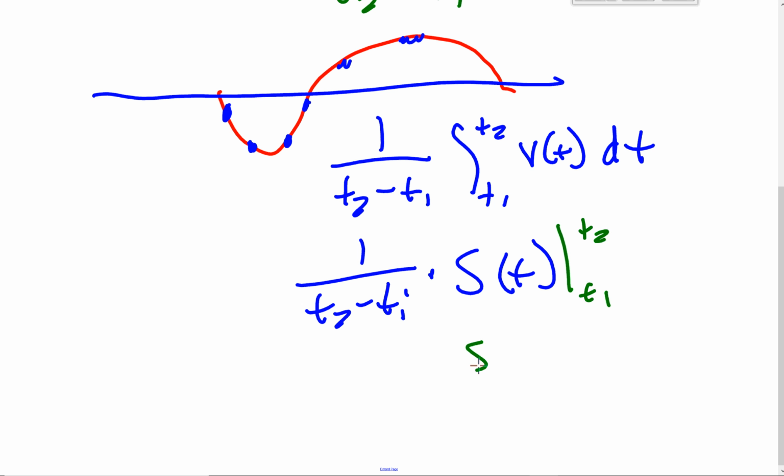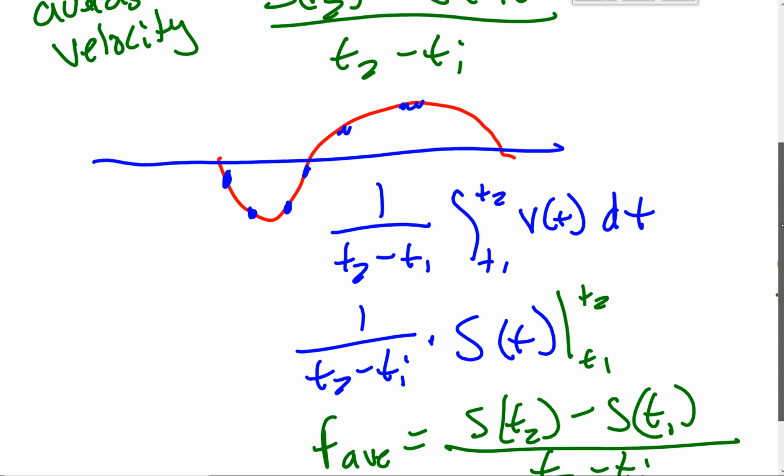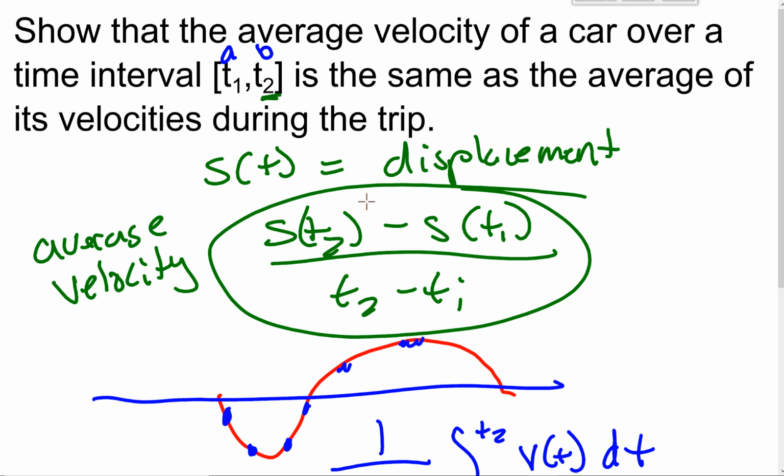So plugging that in, that is s of t2 minus s of t1, all over b minus a, and that equaled our average velocity. So this is our fave, the average of our velocities, and this one right here is our average velocity.